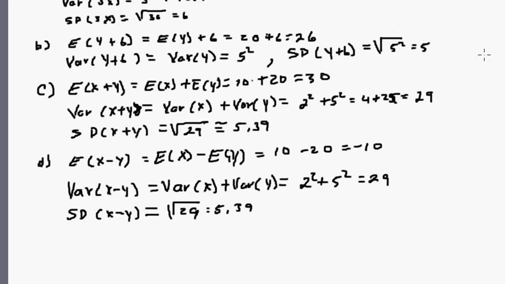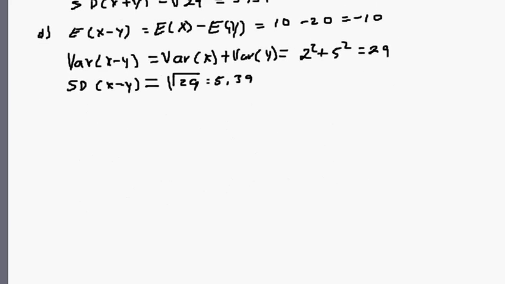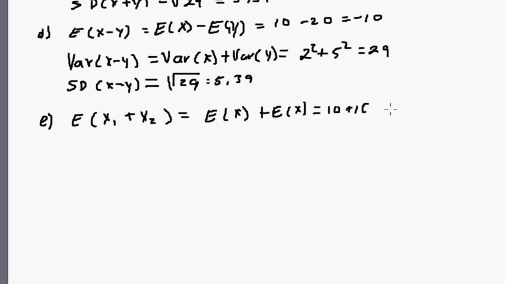Okay, last one I believe is the expected value of x1 plus x2. So the expected value of x1 plus x2 is the expected value of x plus the expected value of x. So that's 10 plus 10, so that's 20.